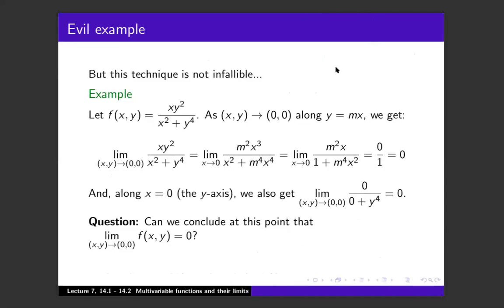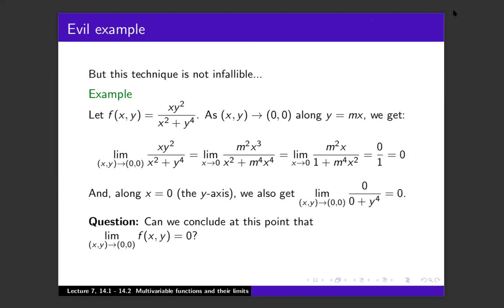Now, it's not a perfect system. So where can this go wrong? Well, let's look at the function xy squared over x squared plus y to the 4th. We'll start off along y equals mx, and what do we get?